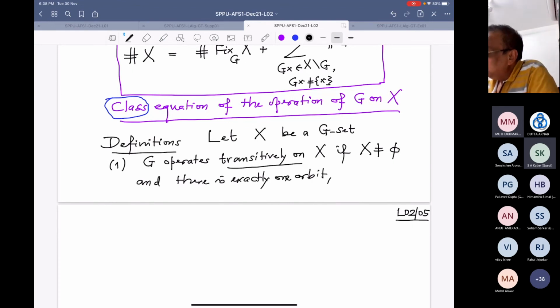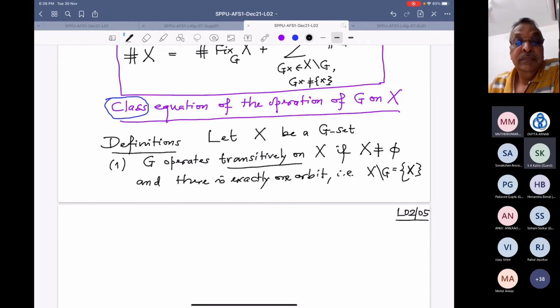What does that mean? So that is the quotient set, exactly 1. And what can that be then? Only one orbit. That means the orbit is only capital X. All right, we will see examples.